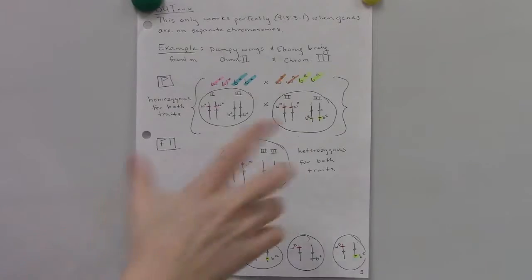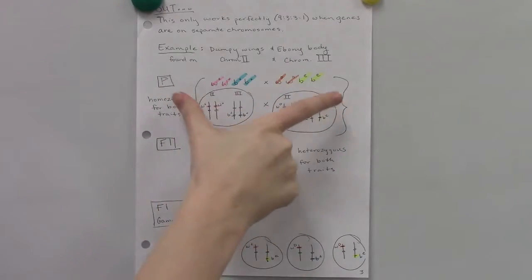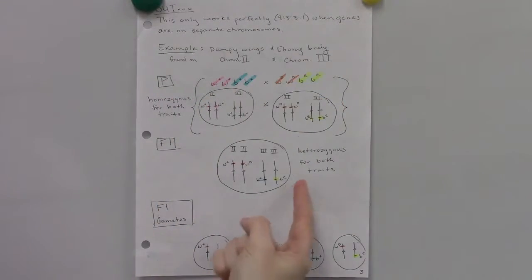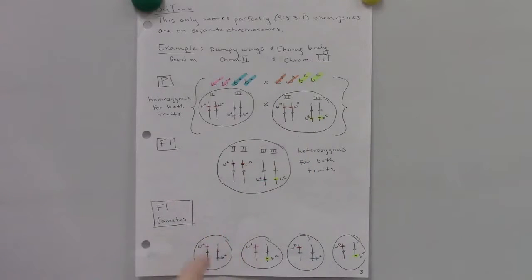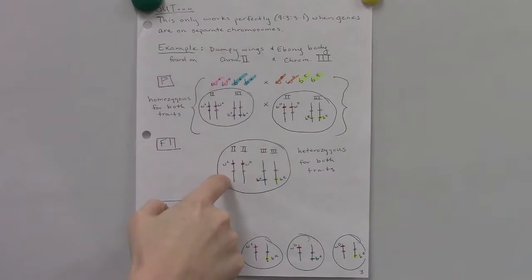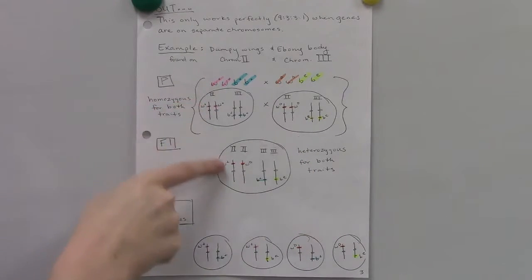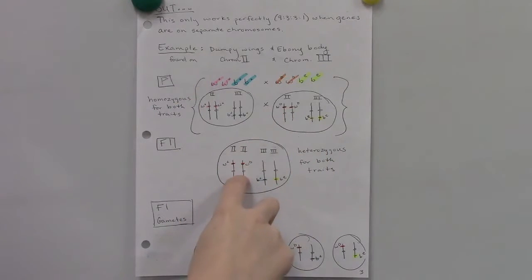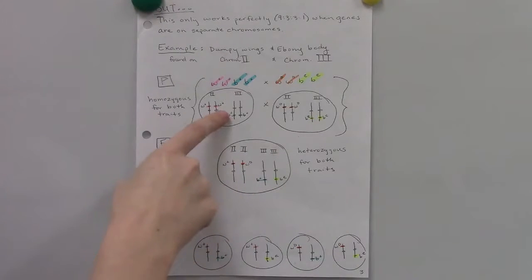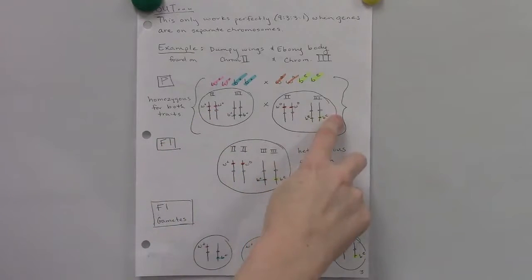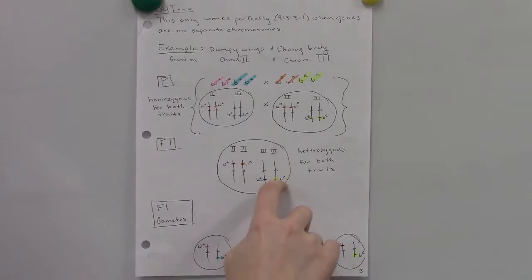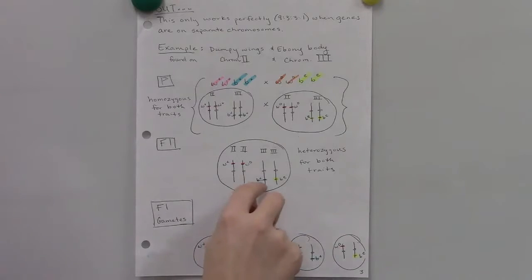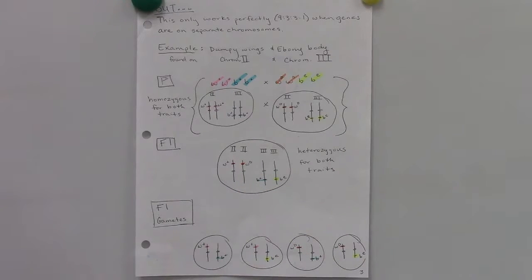All right, so individuals from these parents breed, and their offspring will have 1 chromosome from mom, bam, right? 1 chromosome from dad, right here. So it's heterozygous, it has 1 copy of each gene, right? And then for body, 1 chromosome number 3 from mom, 1 chromosome number 3 from dad. So it's heterozygous for wild and ebony body.